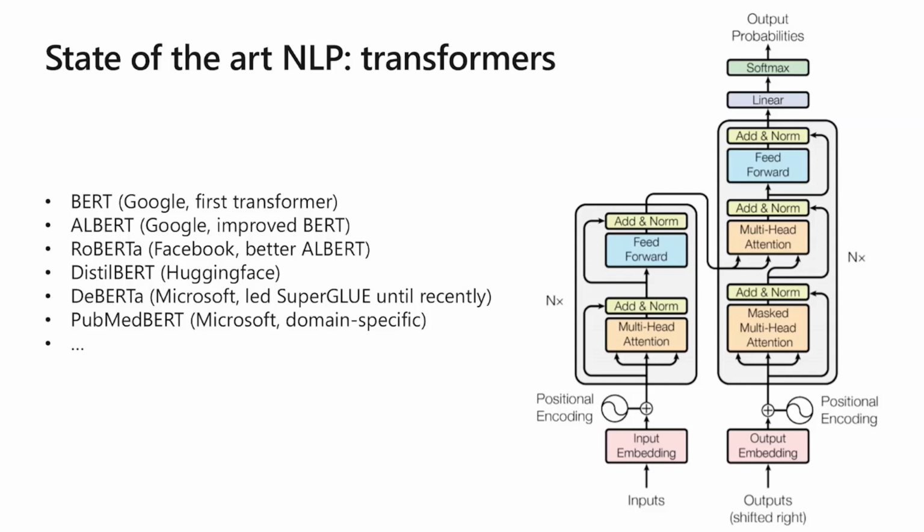Unlike LSTM, sequences can be processed in parallel, we said, not sequentially. Why? Because their positional encodings are also given as input. So you give the word as well as its relative position in the sentence compared to other words. So transformers are much faster than LSTMs because of this.